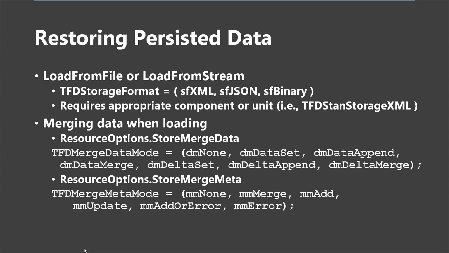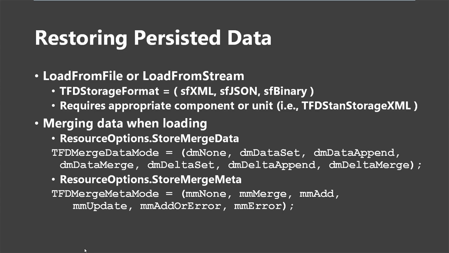Restoring persisted data. You restore persisted data by calling load from file or load from stream, depending on how you persisted the file. When you call load from file, you can provide 0, 1, or 2 parameters. If you have no parameters, then it's resource option settings that are going to control what file gets loaded and what format is being loaded.